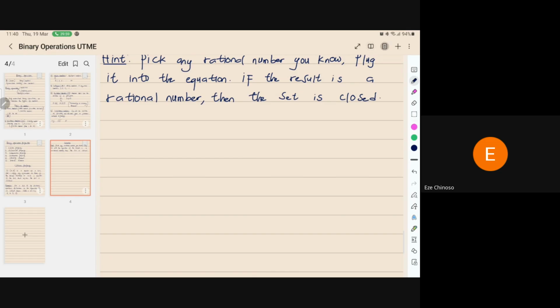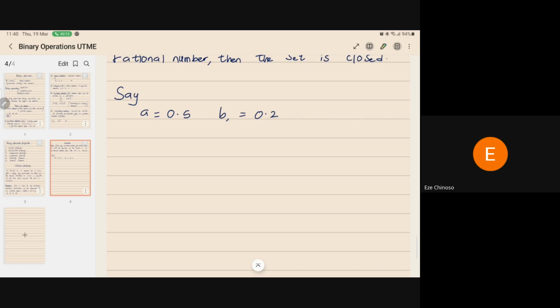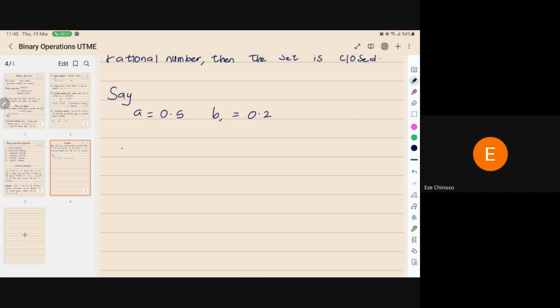So let's pick any rational number. Let's say we are picking A equals 0.5 and B equals 0.2. And a person can decide to pick fractions, let's say 1/2 and the rest of them. That works entirely. So remember the operation that was given to us. They said that A asterisk B is equal to A plus B. So that means 0.5 plus 0.2 will give us 0.7.